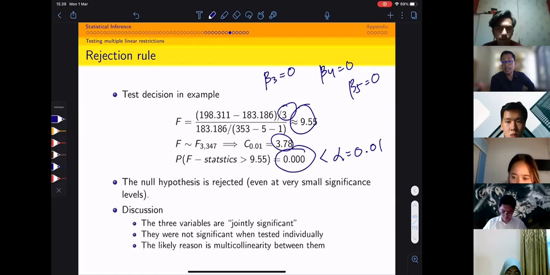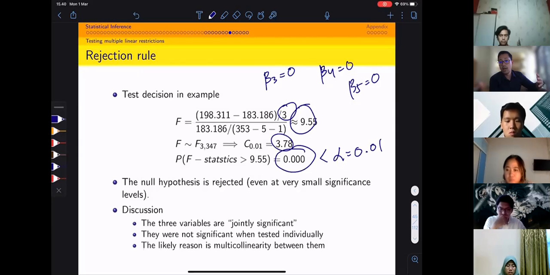The likely reason is that there could be multicollinearity between them. So there is a linear relationship between batting average and runs batted in, for example. The more you hit during your bat, the more likely that you're going to have your teammates batted in.